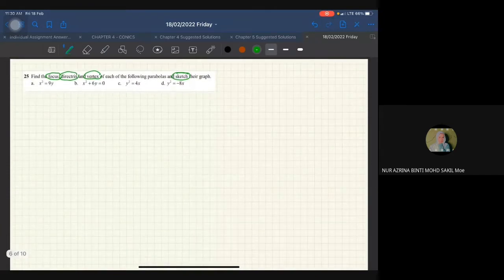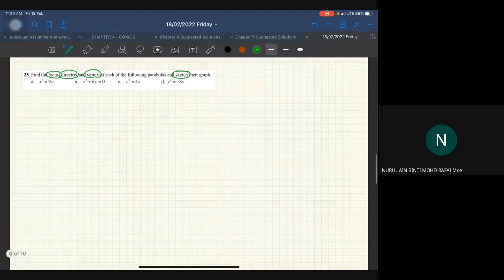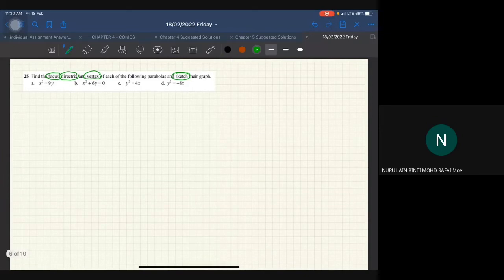Betul ke? Ke nak saya bincang juga beberapa soalan? Tak dengar. Sekejap lah Miss. Bincang sekejap lah. Ya Okay, Miss, so bincang satu soalan. Saya explain satu saja, satu example, satu soalan saja.